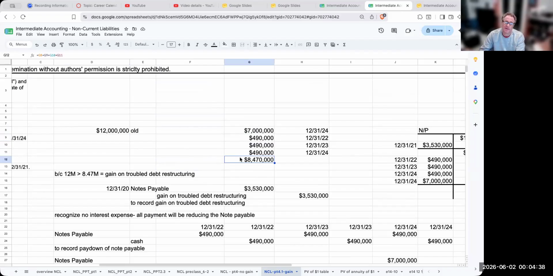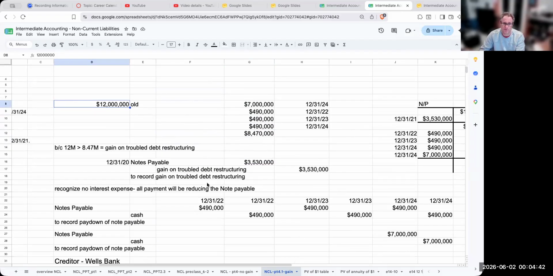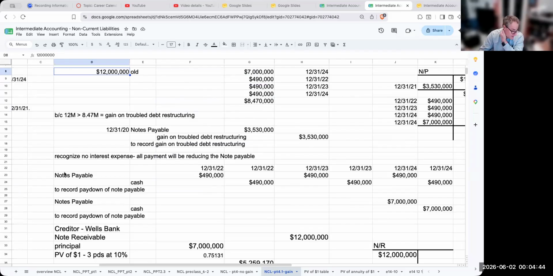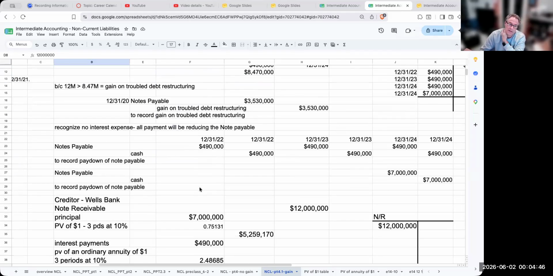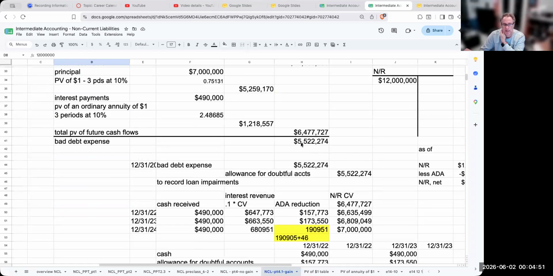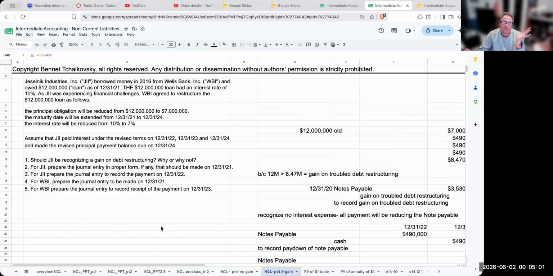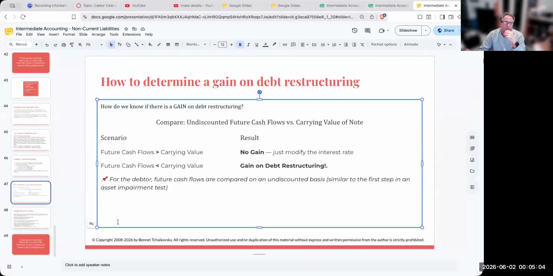In this case, unlike the last example, it was less. So for the debtor, it's pretty straightforward. It's much easier than the last one we were going through. But for the creditor, it's always going to be, I've got to recognize that difference, that loss, as bad debt expense. And that's how we're going through and doing it. So right over here, that goes to this question.